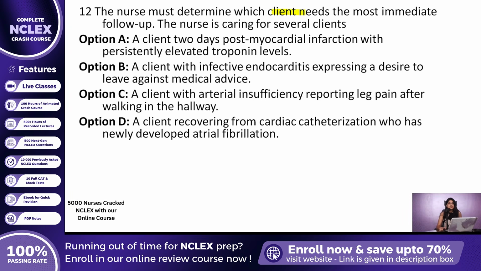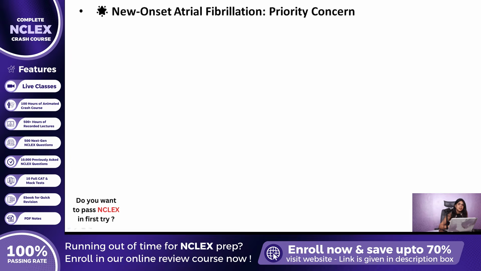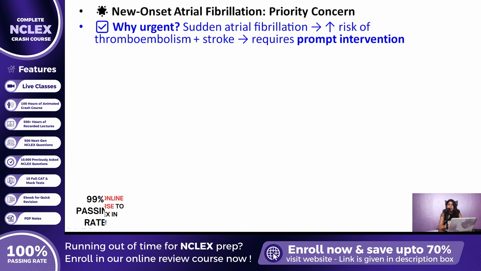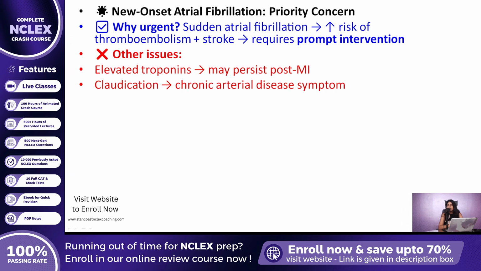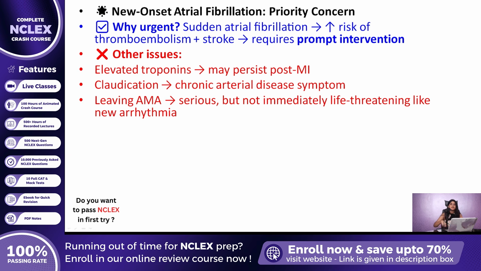The correct answer is Option D, a client recovering from cardiac catheterization who has newly developed atrial fibrillation. The reason is that the sudden onset of atrial fibrillation in this setting poses a significant risk of thromboembolism and stroke, demanding prompt intervention. While elevated troponin levels may persist after a heart attack, and claudication is a chronic symptom of arterial disease, neither is as urgent as this new arrhythmia.